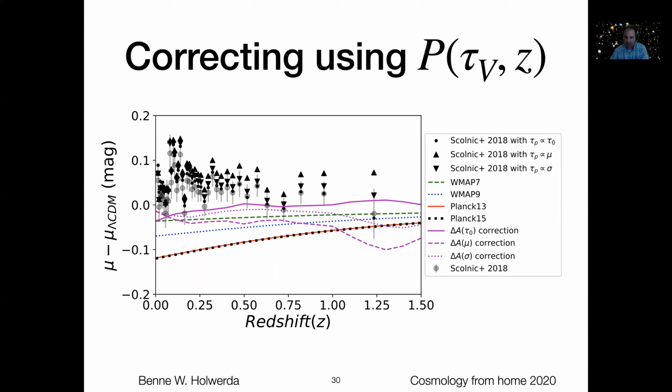So if we do that and say, okay, that's our prior as a function of redshift, complicated plot alert. The triangles are if we assume that the log normal distribution is a little better description. So mu and sigma are the mean and standard deviation of the log normal plot.